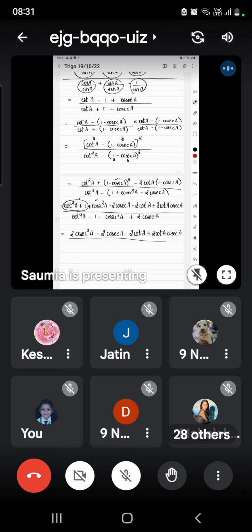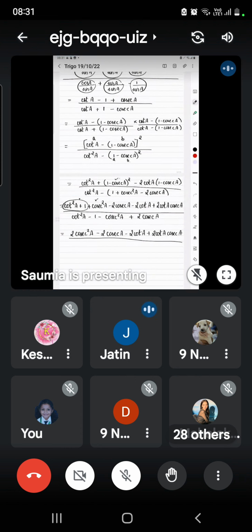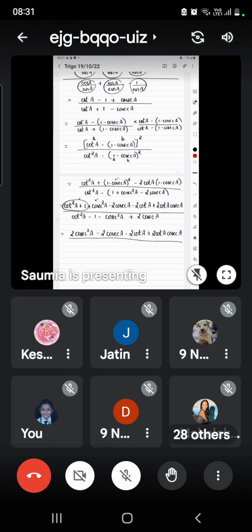Now come to the denominator. Is there anything that I can do in the denominator? Ma'am, 1 minus cosec square A will be cot square A. Right, instead of that, shall I write cosec square A as 1 plus cot square A?